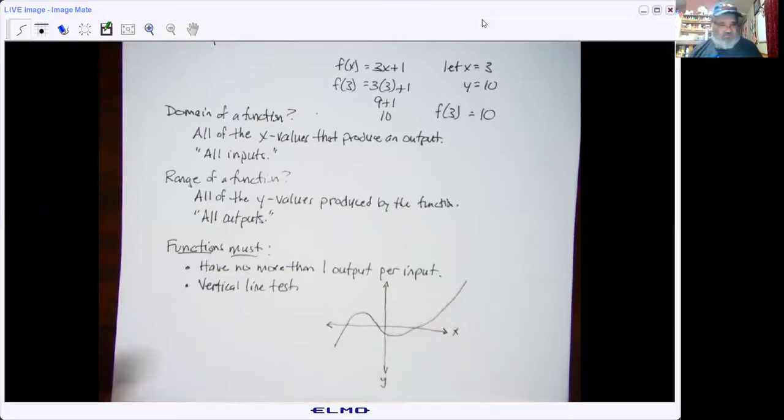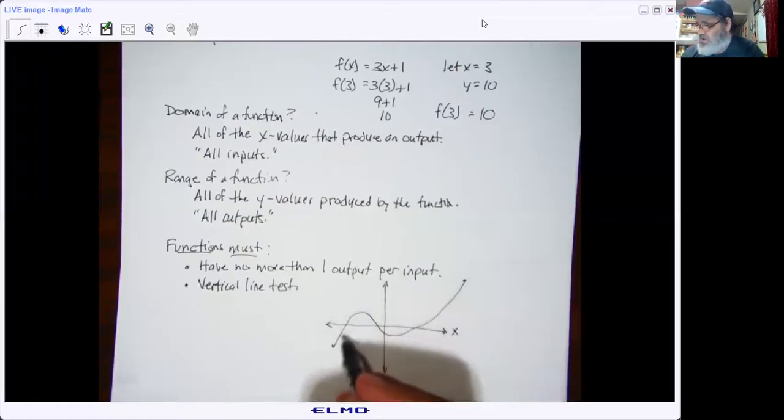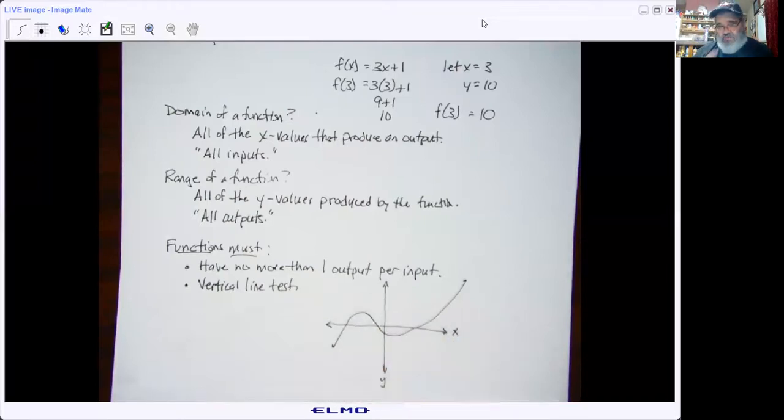Now the vertical line test, what that does is if we were to run a vertical line along the x-axis like this, our vertical line will only cross our curve or our graph at one place at a time.